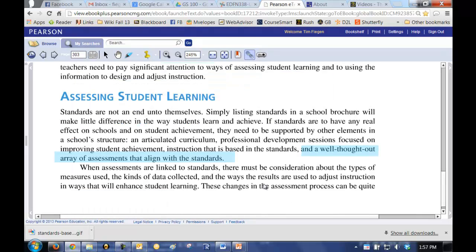Well, let's get on with this part. The actual assessing of the student learning. As I said, standards are not the ultimate objective. The ultimate objective is learning. So standards really don't serve anything if we don't have this assessment part. The part that nobody likes. Because what assessment also leads to is, well, yes, accountability.